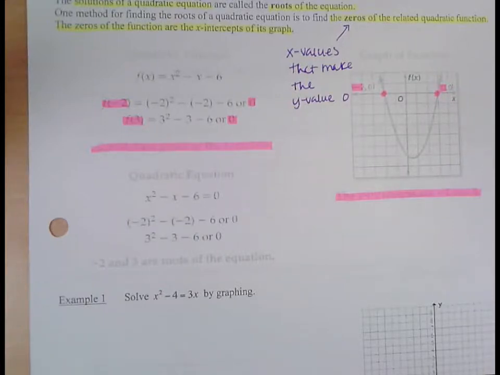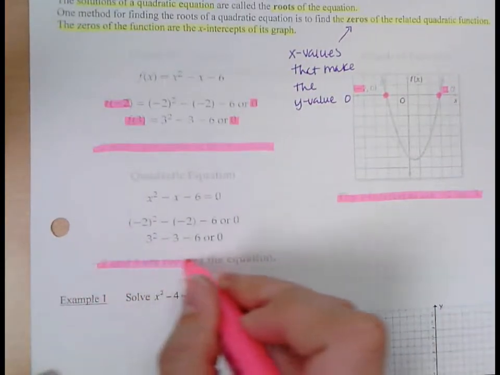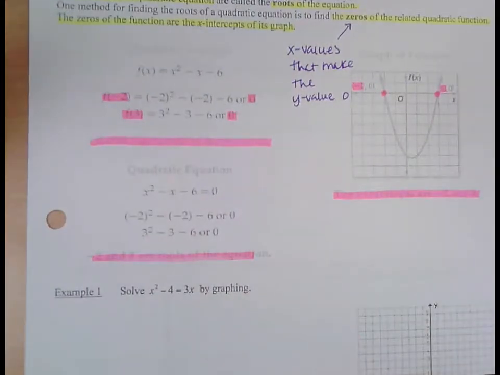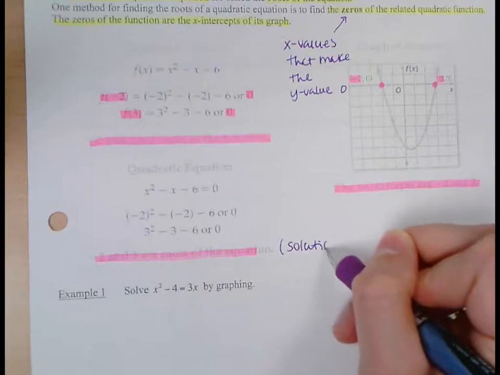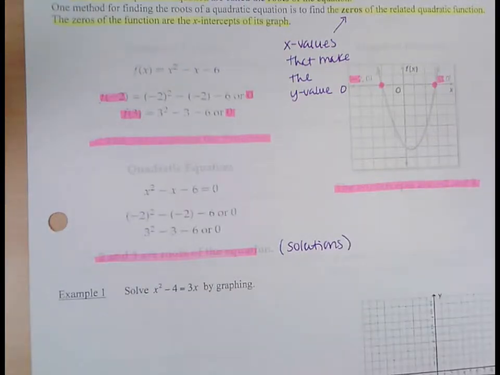And therefore, -2 and 3 are called the roots of the equation. That also means they are the solutions. So the roots of an equation are the solutions. To find those solutions, one method is to graph the function and find the x-intercepts, which are the zeros. So all 4 of those terms mean the same thing.